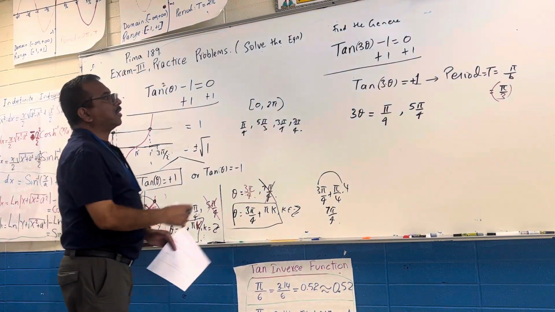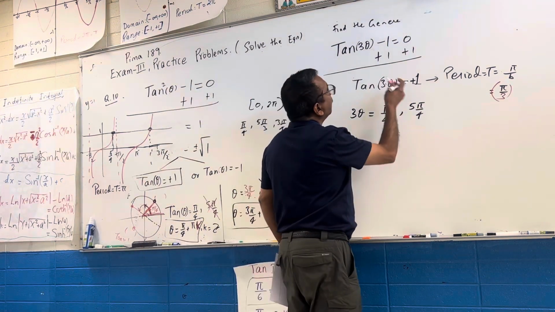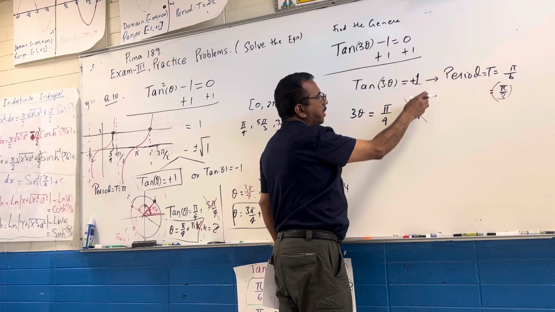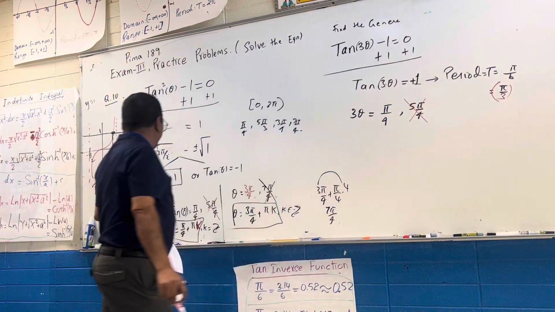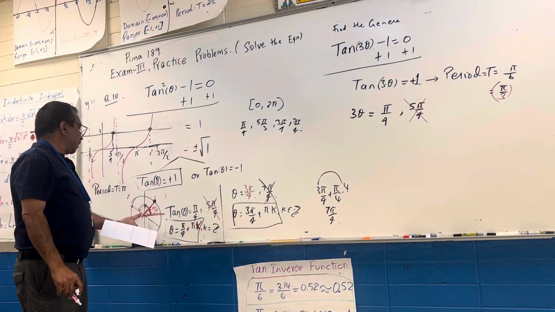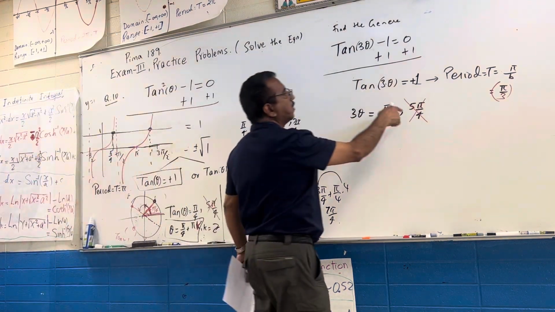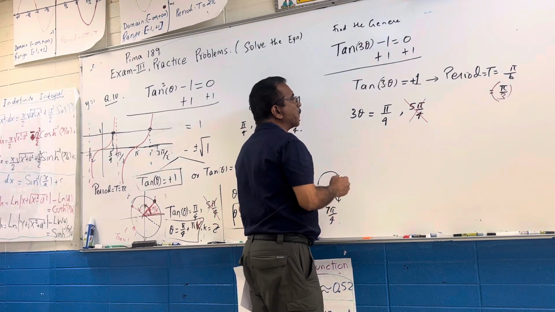And then divide this by 3. If you want to find this, as I said, we don't need the 5 pi by 4 because the period of tan is pi, so one angle is enough. You write pi by 4, which takes care of it by itself.